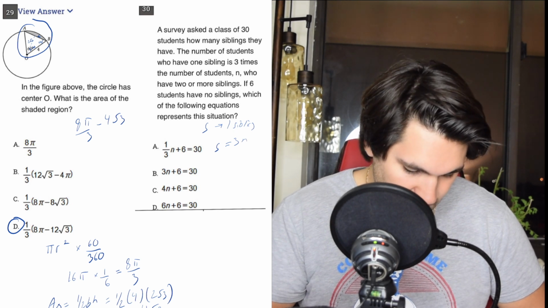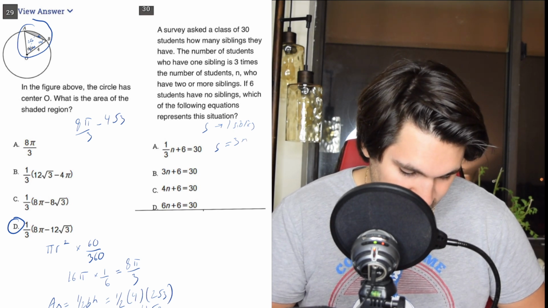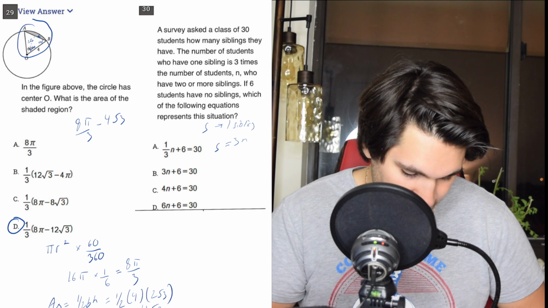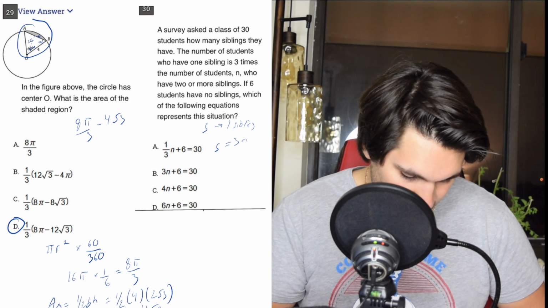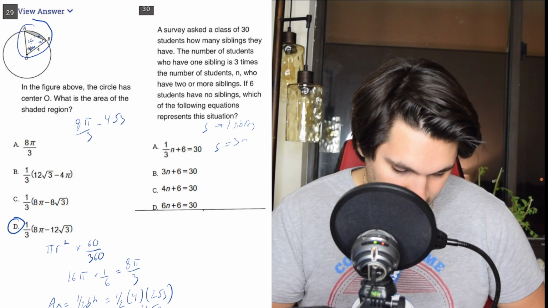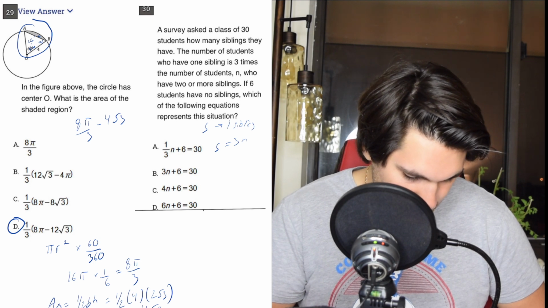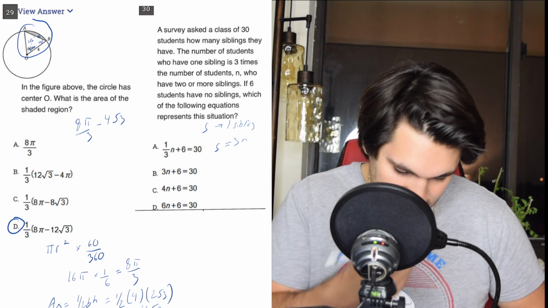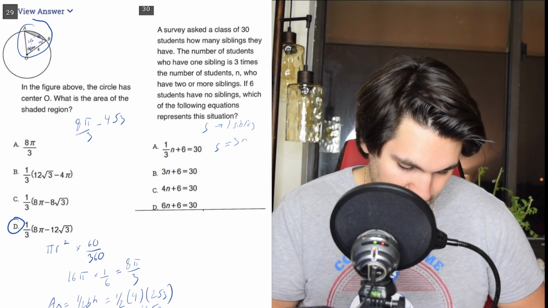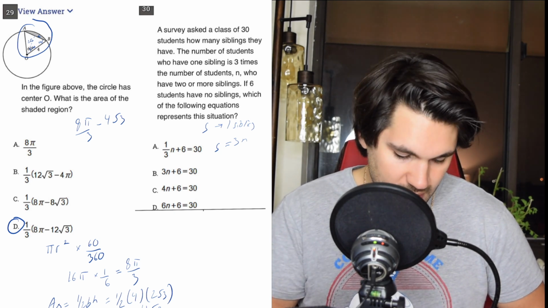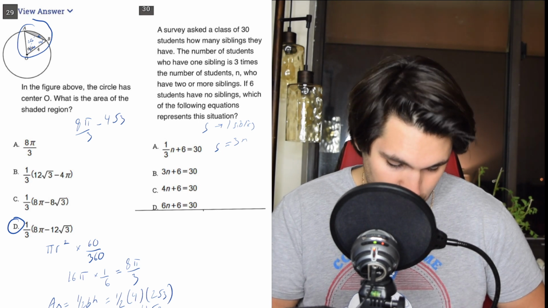Okay, and it's the number who have 2 siblings. If 6 students have no siblings, what represents this equation? Well, S is 3n, right? And then... represents this equation. So basically, we have to take all the students who have 2 more siblings, take all the students who have 1 sibling, and then add S to it, and we're going to get 30.